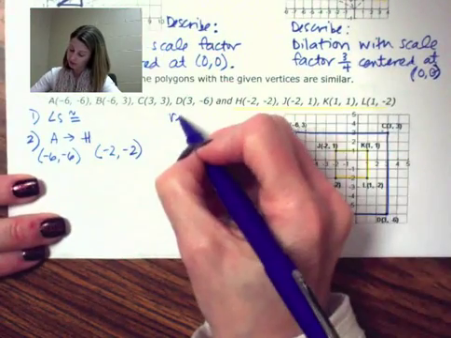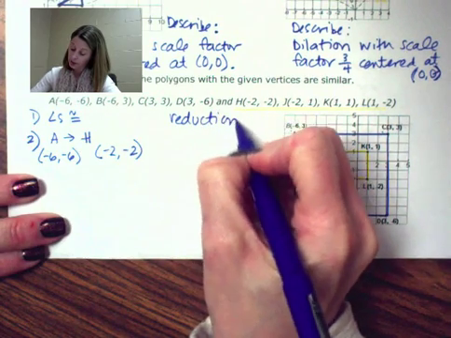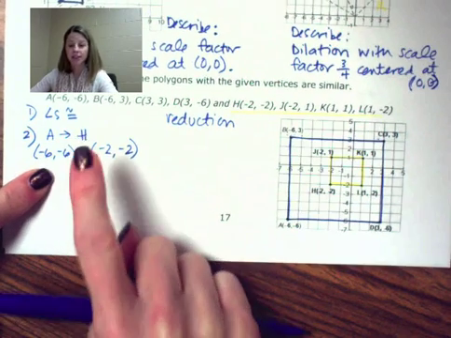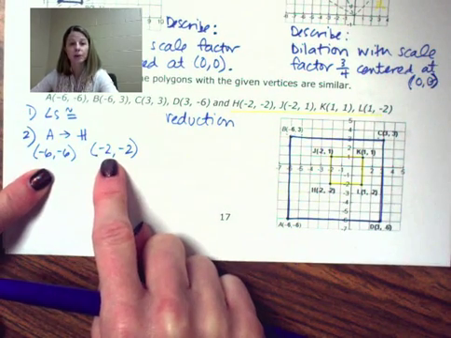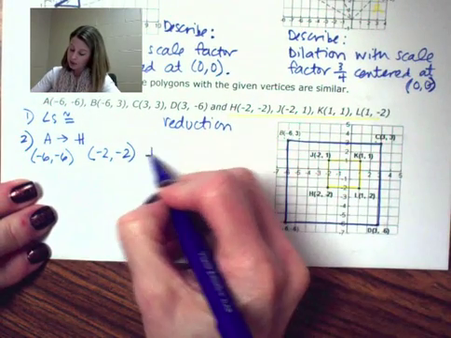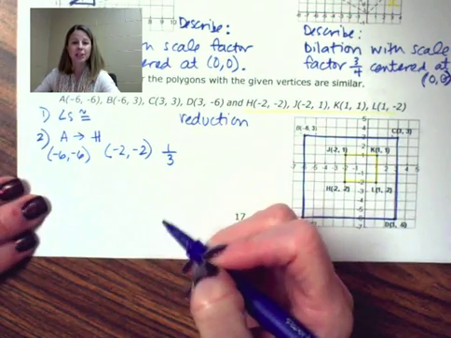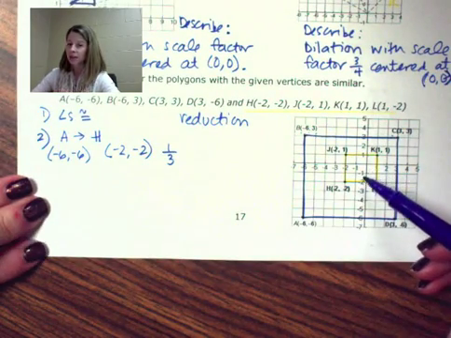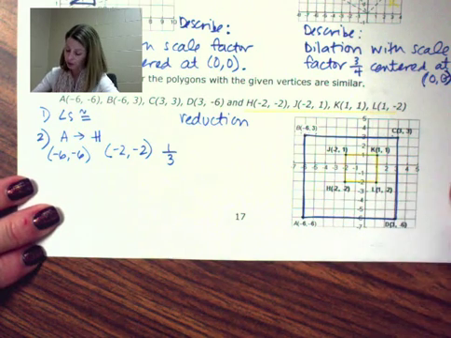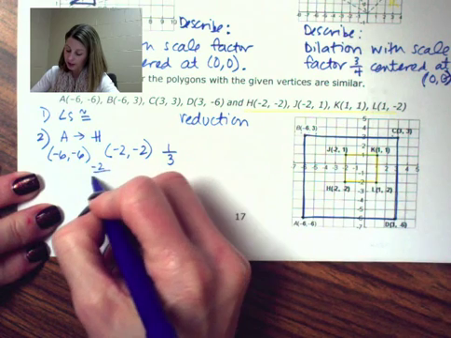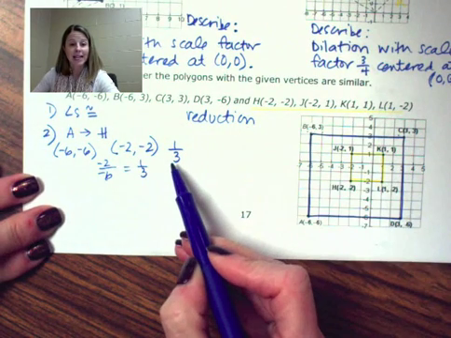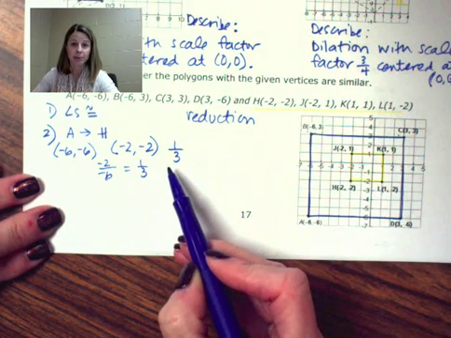So I'm going to write here, first of all, it's a reduction. I can tell the relationship between the -6 and the -2 is a multiple of either 3 or a third. And since my shape is getting smaller, it is going to be a 1/3. I can always start with my new shape divided by my original, if you need a formula. -2 over -6 is equal to a third.